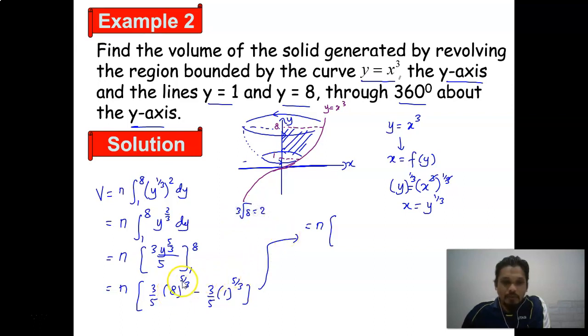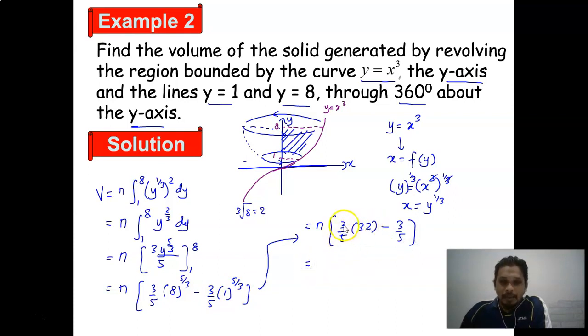Then 2 to the power of 5 is 2, 4, 8, 16, and 32. So 3 over 5 times 32 minus 3 over 5, since 1 to the power of 5 over 3 is still 1.